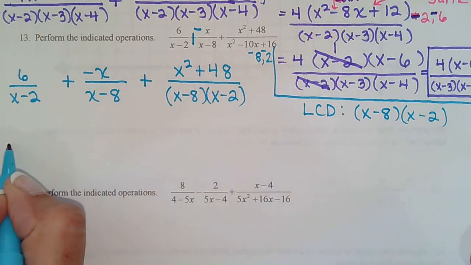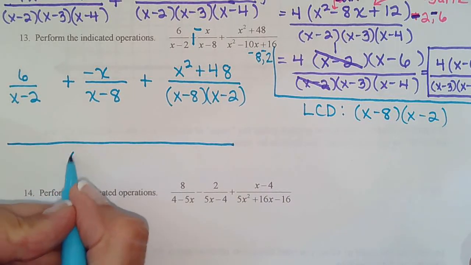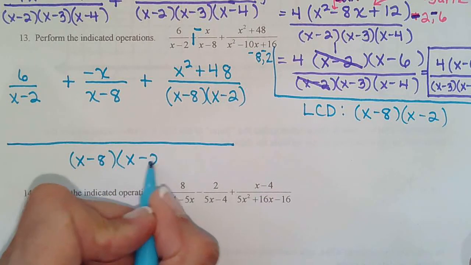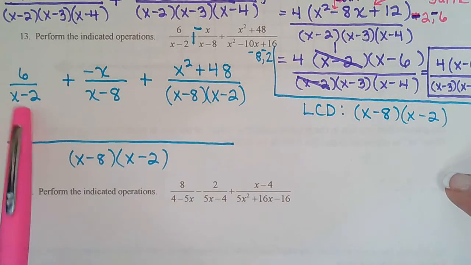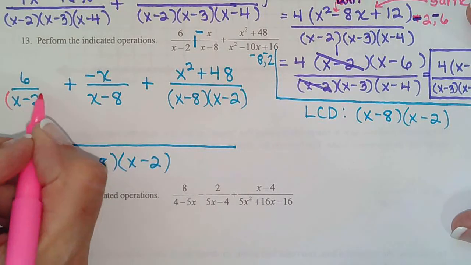So that is going to be, let's go ahead and write it as one big fraction. So my common denominator is now x minus 8, x minus 2. So I look at the first fraction and say, what is it missing? Oh, it's missing an x minus 8.